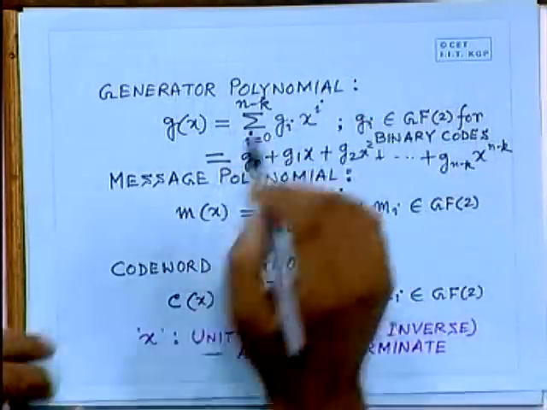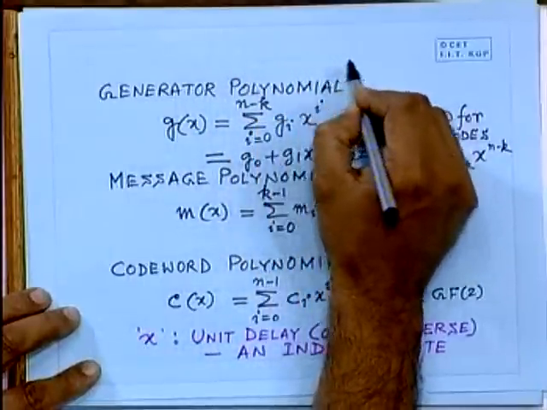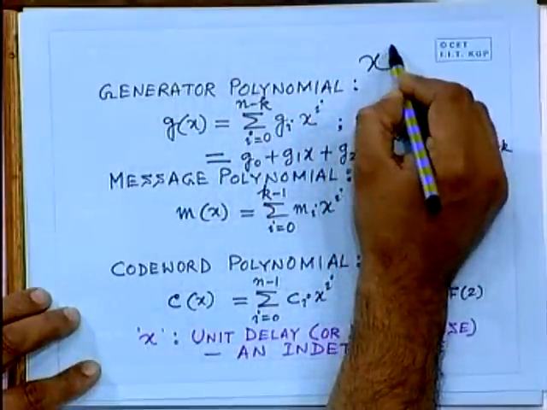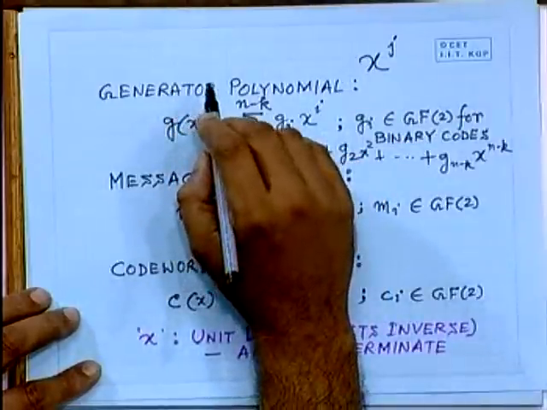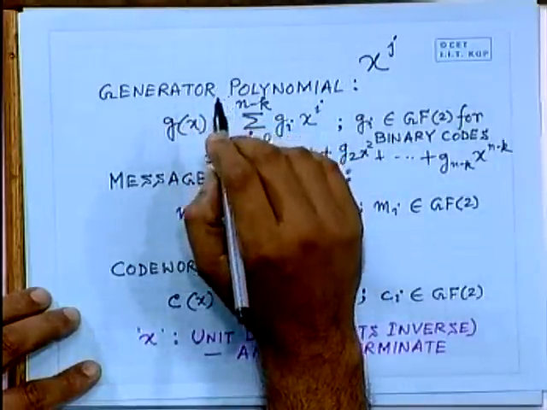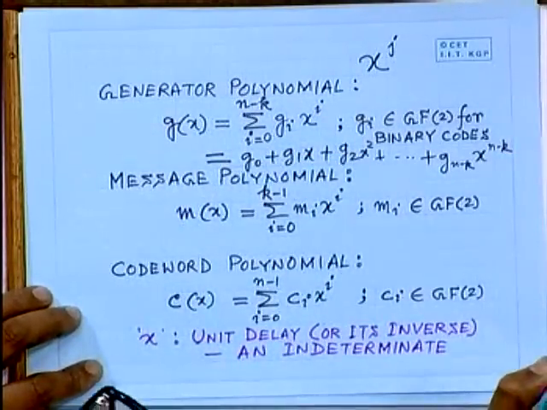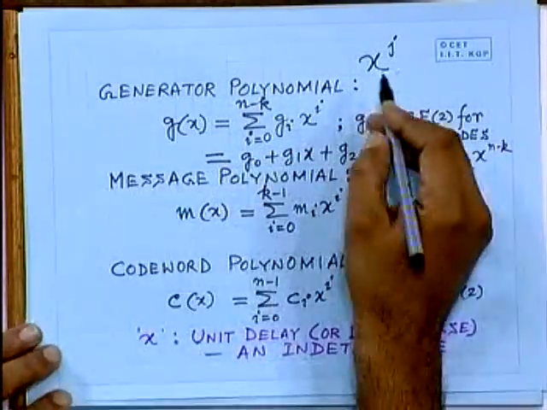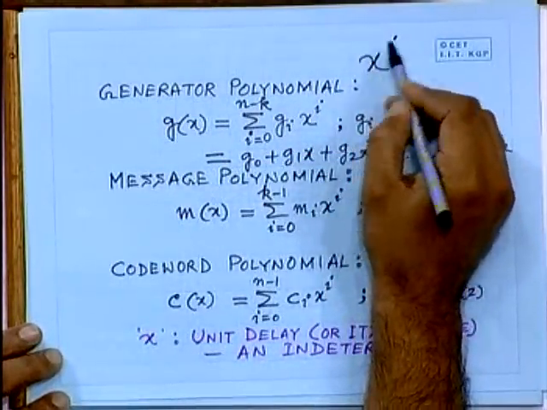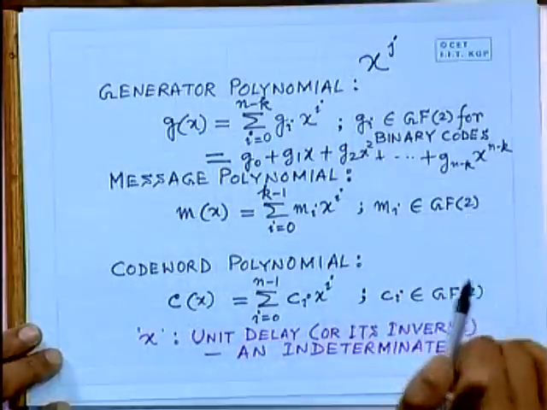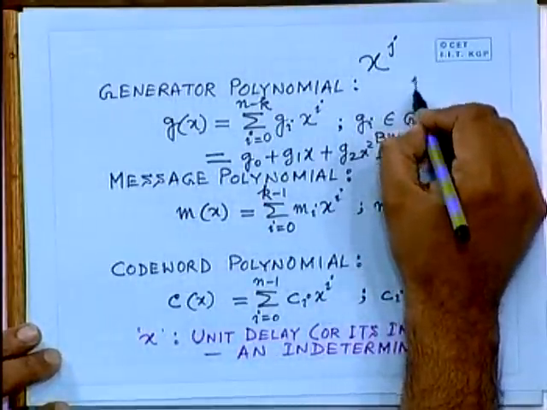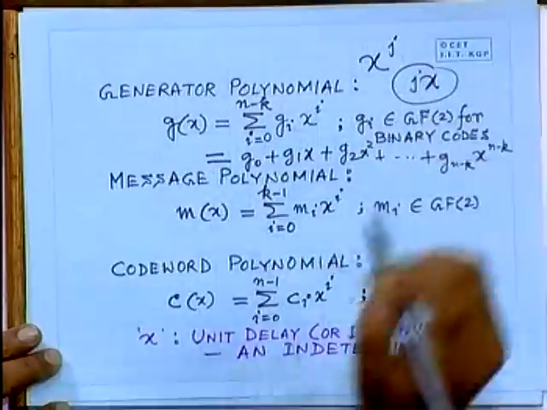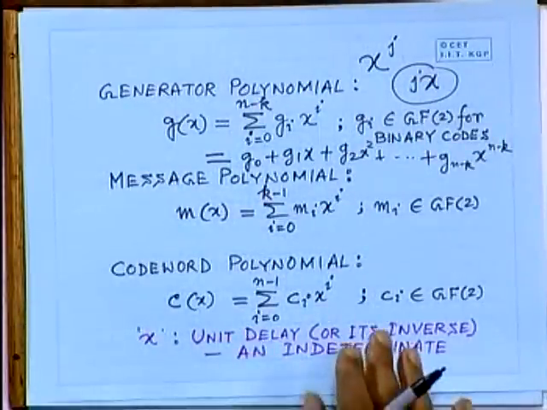Okay, so your question is why I am writing x to the power j rather than jx. It's a good question really. This again is a notation we follow.